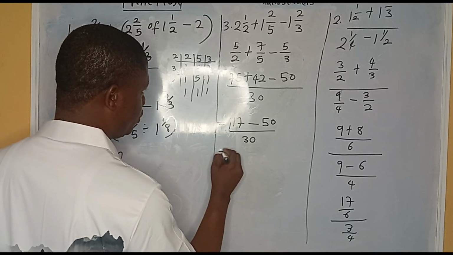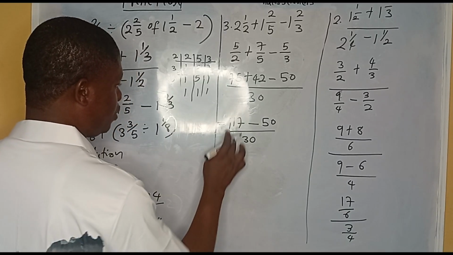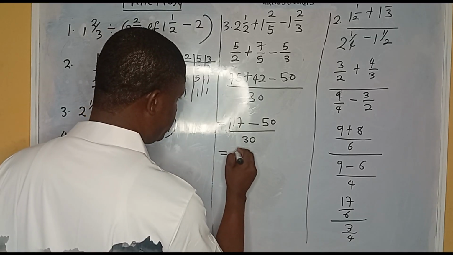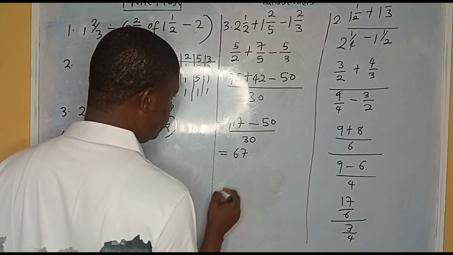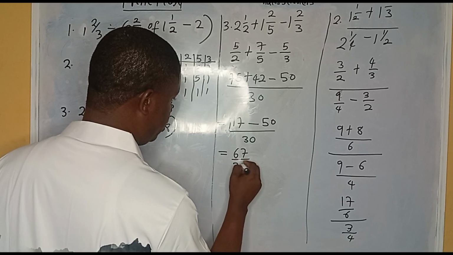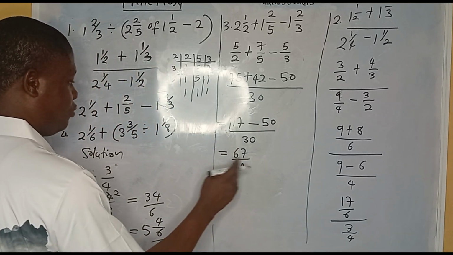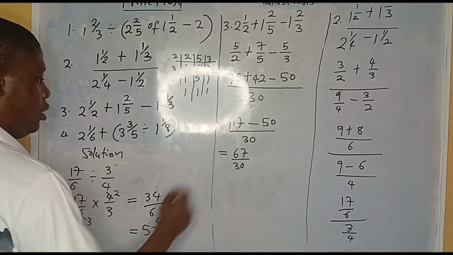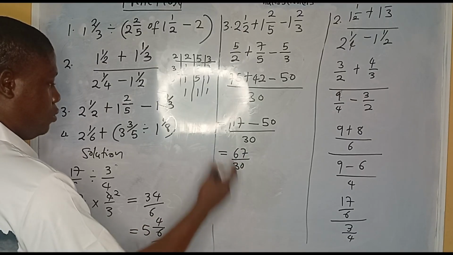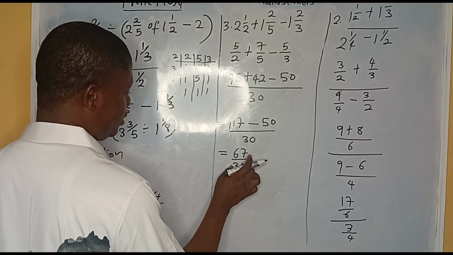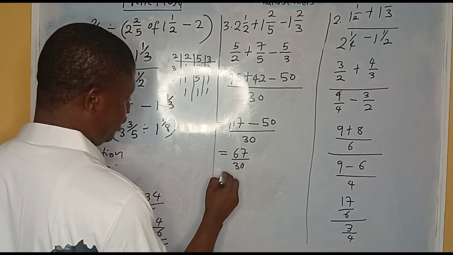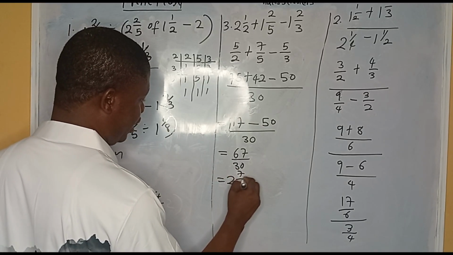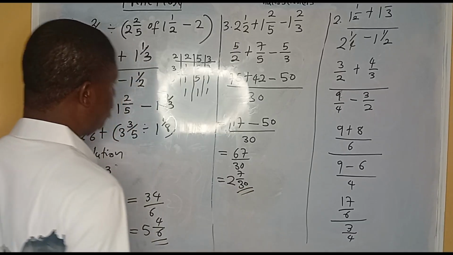Okay, so 117 minus 50 will give us 67 over 30. Now this is an improper fraction, so we can still break it down. How many times can 30 divide 67? That is 2 times. So that will give us 2 whole number. What will remain? 7 over 30. So this is our answer there.